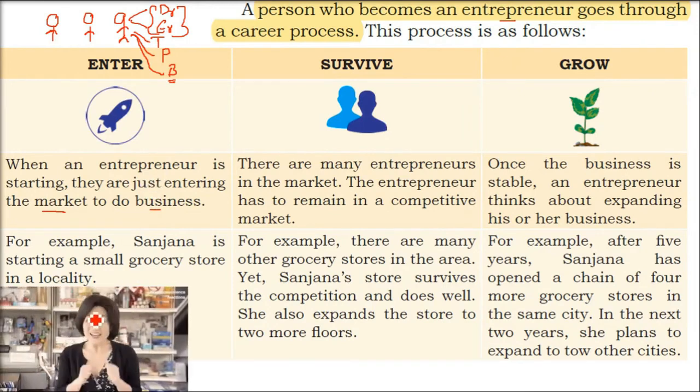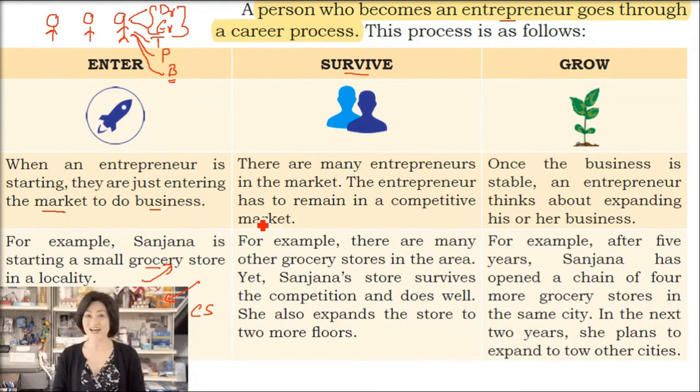Assume this woman is Sanjana and she is starting a small grocery store in her locality. We call them Kirana shops in India and convenience stores in the Western world, especially Canada and US. So the first stage is entry.